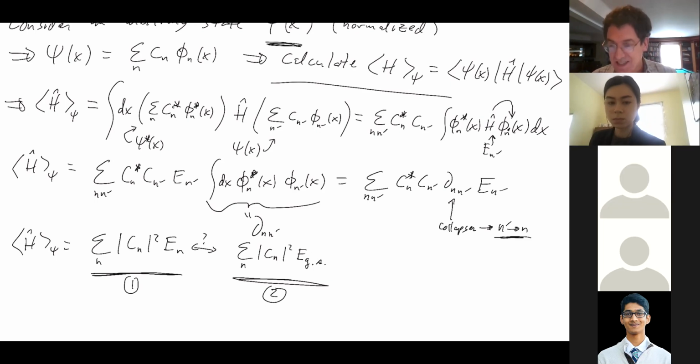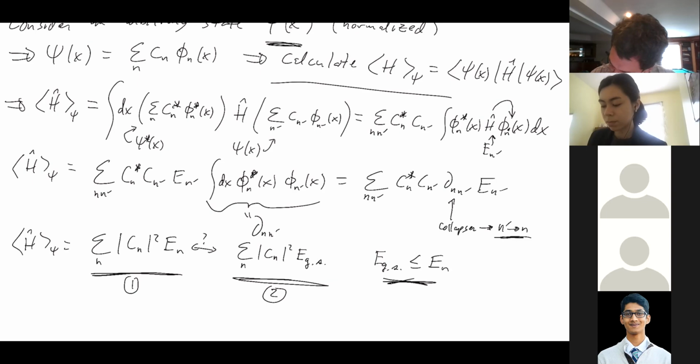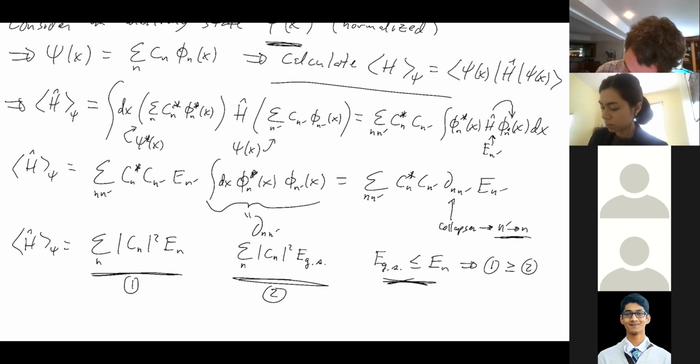That's exactly right. Because we know that the ground state energy is always less than or equal to E_n, and so therefore 1 is always greater than or equal to 2. So I can say that this object is always greater than or equal to that object.